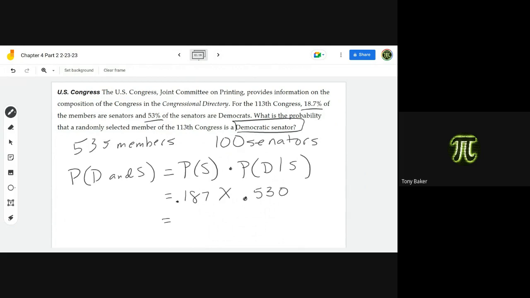So we multiply these, and we get 0.099, or 9.9%. If you have all of the congressmen and women standing in one room, and you randomly select a person, you have approximately a 10% chance of picking a Democratic senator.